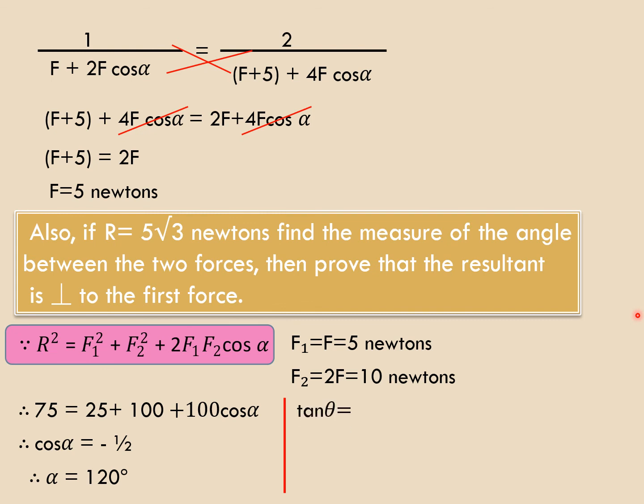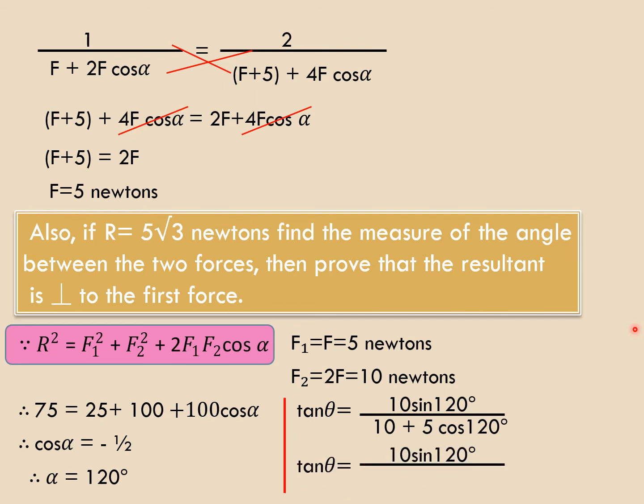And tan theta equals F2, 10, sine 120 over 5 plus 10 cosine 120.